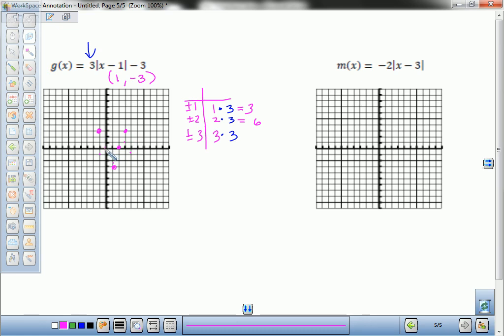I made that dot too big and made it look awkward. Okay, and then I go right or left 3 and up 9. Okay, so over 1 up 3, over 2 up 6, over 3 up 9.